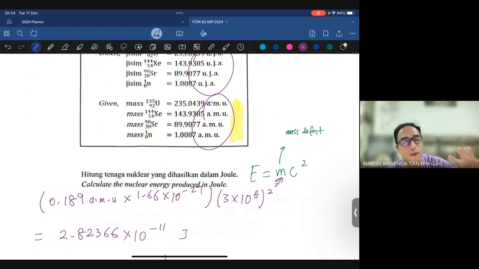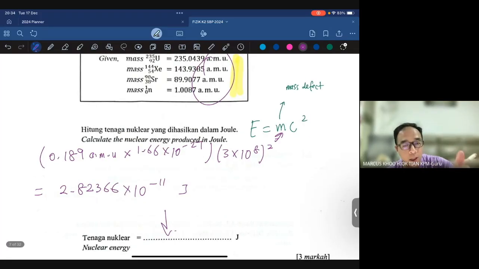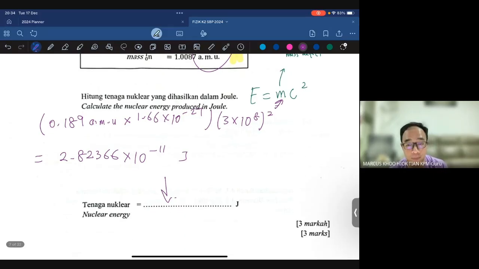Most of the time, if not all, the answers will be in AMU or UJA. Menjadi tugas murid untuk mengubahnya pergi kilogram. It's your job to change it to kilogram, substitute it into the formula, and make sure that whatever answer you get is in joule. That's the reason why we change it to kilogram, so that our final answer is in joule.